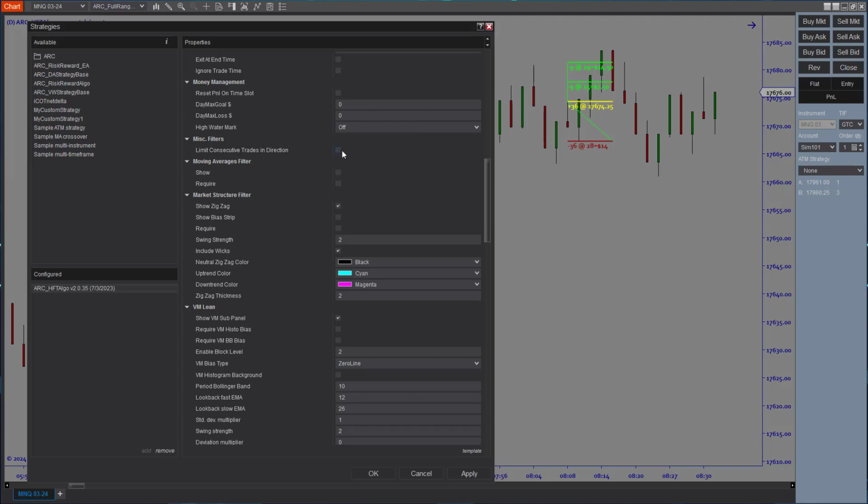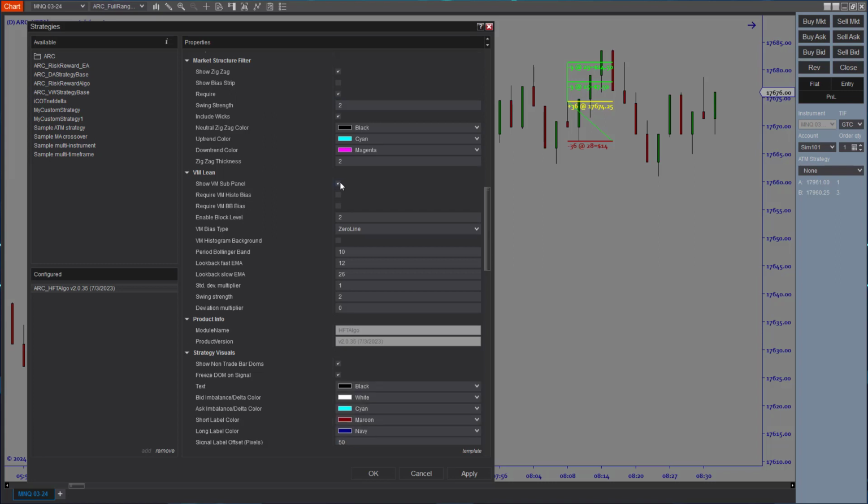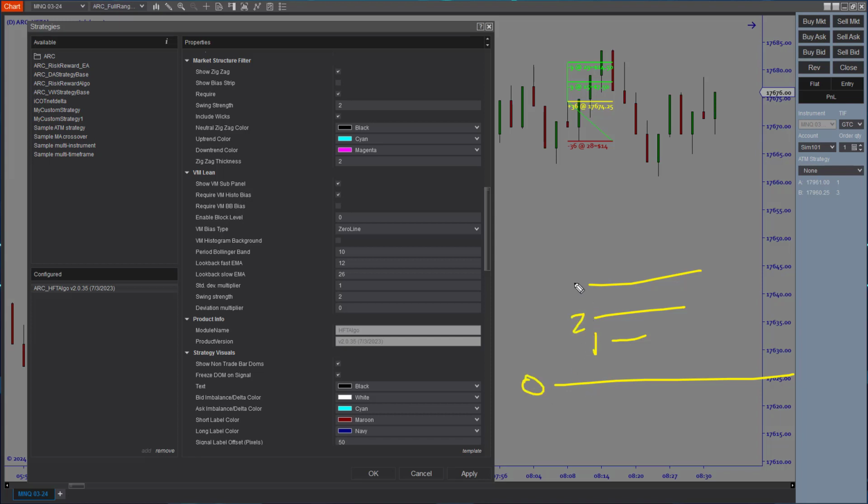Money management, not worried about. Trades in one direction, not worried about yet. Require, we're going to turn structure on. We're going to turn on require VM histo. Enable block level, I'm going to leave that set to 0. This means that if you are overbought, there's 3 levels in the momentum, and then you have your 0. So if this is your 0, that's 1, 2, 3.